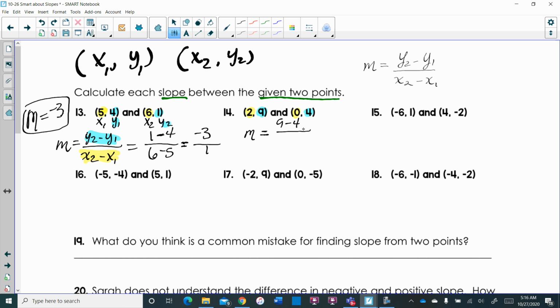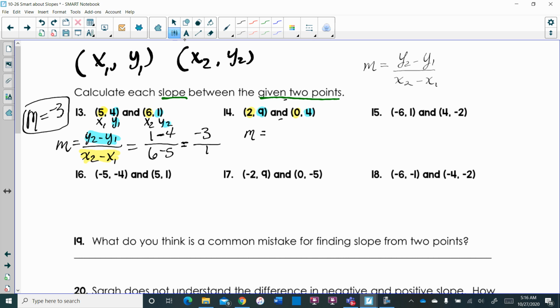That's fine. Let's say you forgot to flip it and do y2 minus y1. That's fine, because you're going to get the same answer. If I do 9 minus 4, going left to right, I have to do the same thing for my x's, 2 minus 0. So 9 minus 4 is 5 on top, and 2 on the bottom.